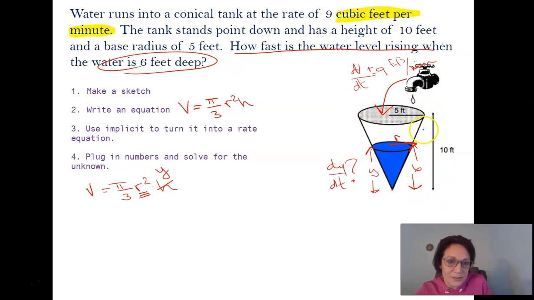In other words, the ratio radius to height has to be the same, whether your cone is little or in the middle or almost all the way to the top. It's always going to be true because it's a cone, the nature of a cone, right?